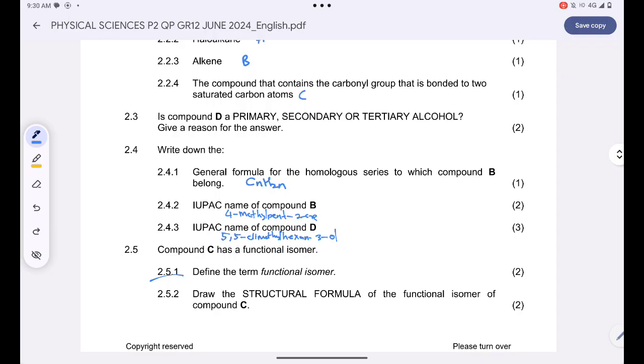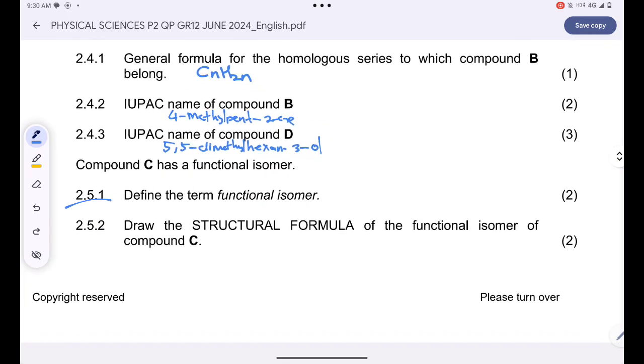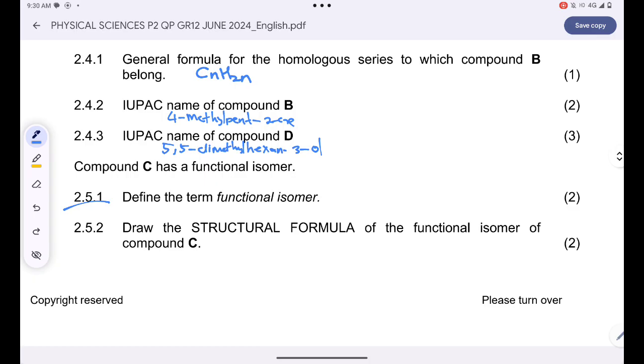They want us to draw the structural formula of the functional isomer of compound C. I know that compound C is a ketone, so its functional isomer is an aldehyde. Are you together? So the functional isomer of butan-2-one will simply be butanal. This will be just the functional isomer.